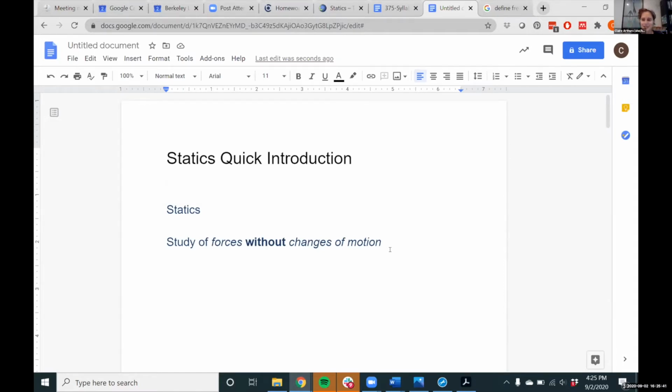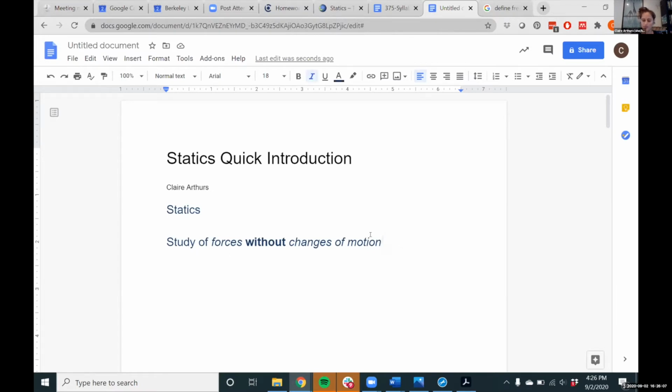Hello, everybody. My name is Claire Arthurs. I will spell that here. I'll be using a combination of text and scribble writing, but today I'll be introducing statics, an introduction to statics. And so to start with, we want to know, well, what is statics? Primarily, it's known as the study of forces without a change of motion.